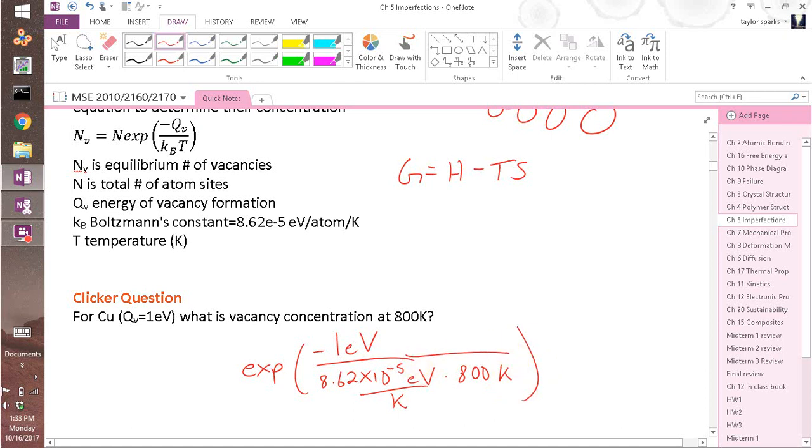Vacancy concentration, that's just going to be the number of vacancies divided by the total number of sites. That's a concentration, right? So all we do is we brought the N over. Plug that in. So what are you guys getting?